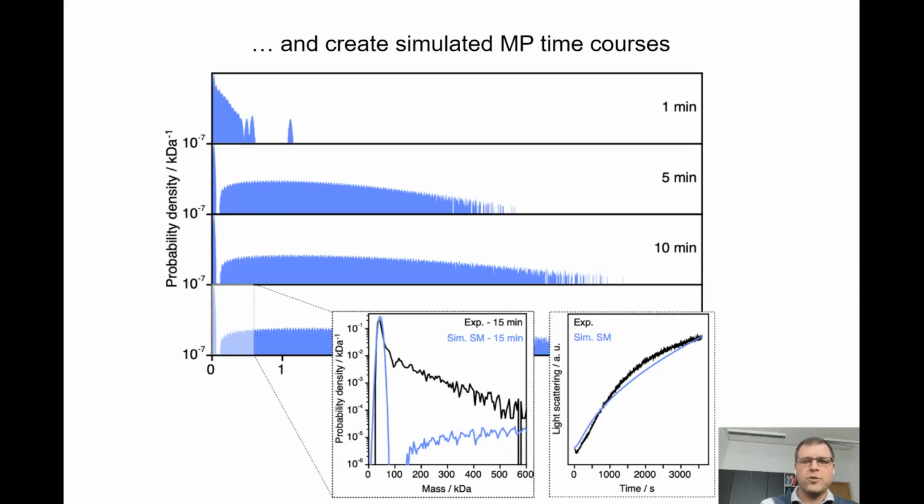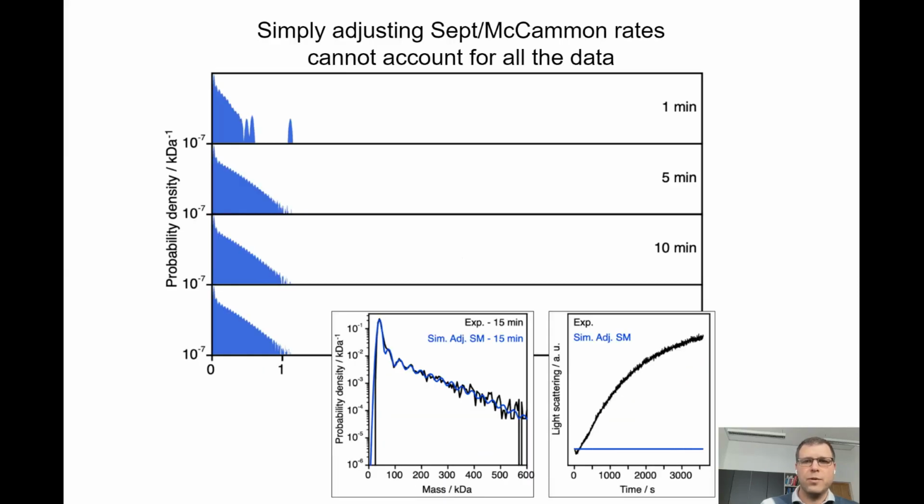So my first attempt to overcome this problem, I tried to adjust the rate constants of the model until my experimental data and the size distribution perfectly matched. But then I had the issue that I didn't observe any net growth into long filaments, as you can see in the top time course of the distributions, and also the light scattering curve was just a flat line basically.